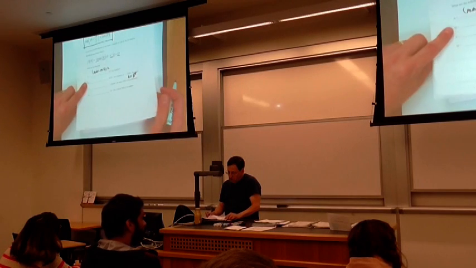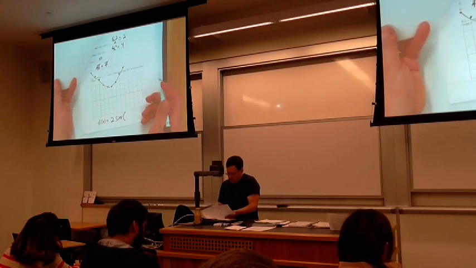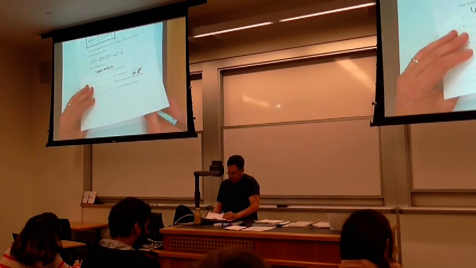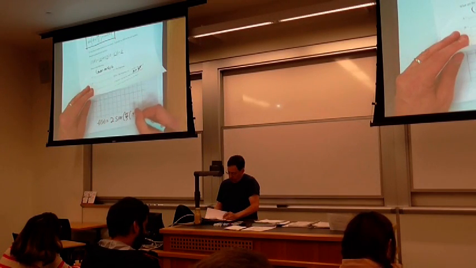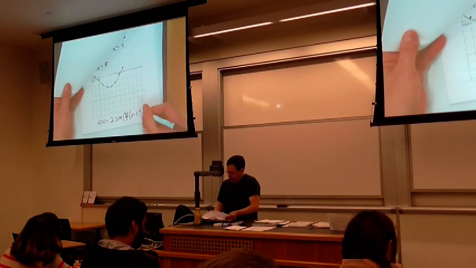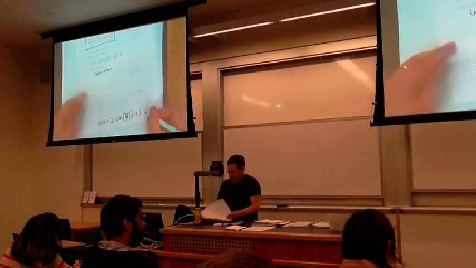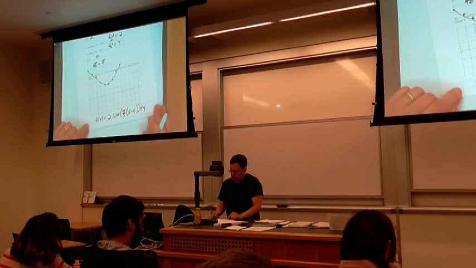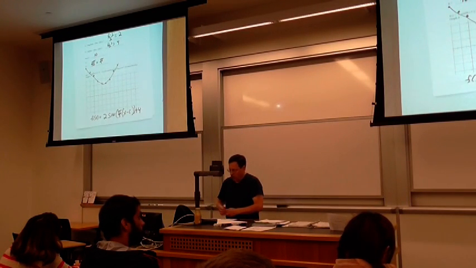Our b we know is pi over 5. x minus c, that's going to be our phase. We don't know what that is yet. And our d we know is 4.